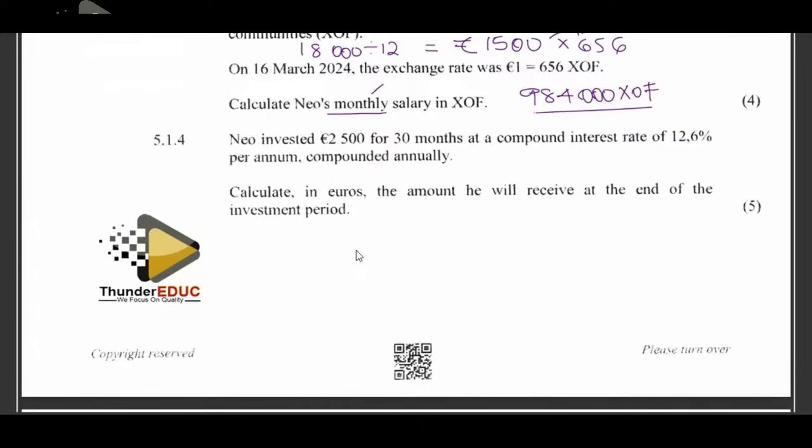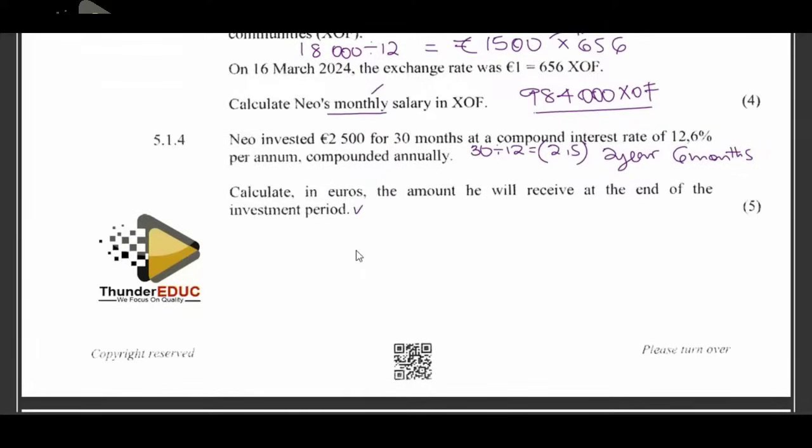Now, we're going to split this calculation into two. First, change 30 months into years. 30 months divided by 12 gives 2.5, which simply means 2 full years and 6 months, half of a year. So we shall calculate for 2 years.